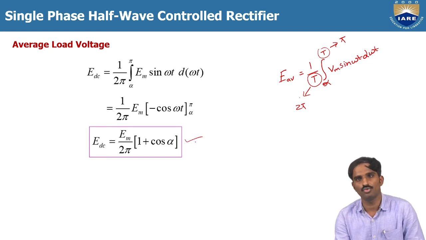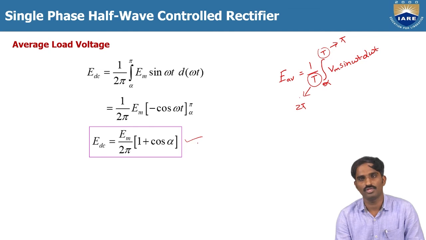What is the average load voltage of a single phase half wave controlled rectifier with R load? EDC is equal to Em by 2 pi into 1 plus cos alpha. As we say, this is a half wave controlled rectifier, which means the output can be controlled, of course to some extent.